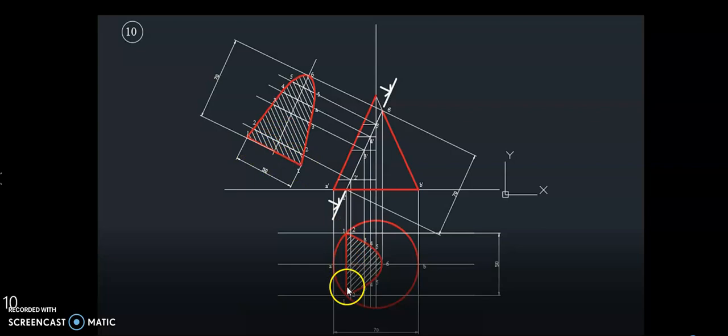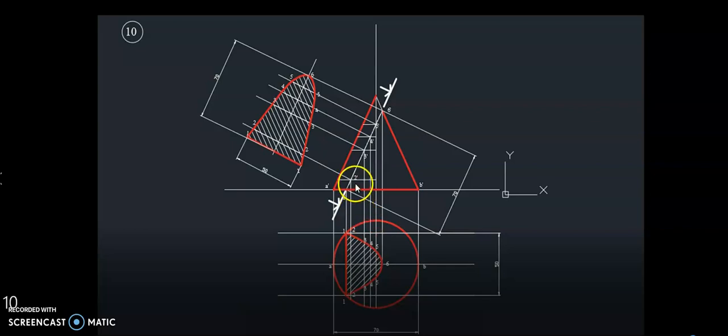Now when you draw the projector from this point, you take 25 to either side. This distance is 25 mm, this distance is 25 mm, total 50 mm.